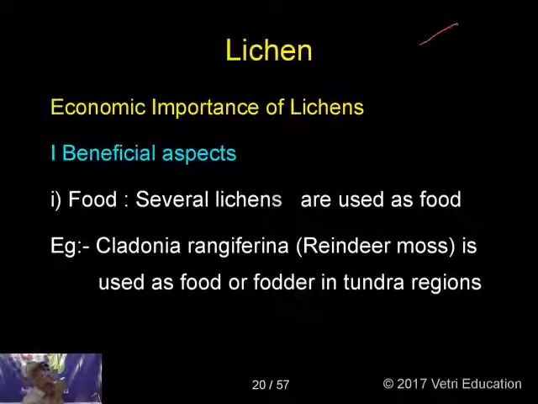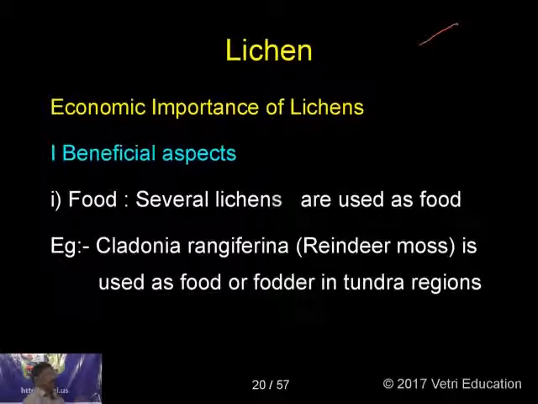Now let us see the economic importance of lichens. Everywhere, right from bacteria, we studied the harmful aspects and beneficial aspects, and here also we can find both beneficial as well as harmful aspects, but some interesting things also you can find in lichens. The first one is food.